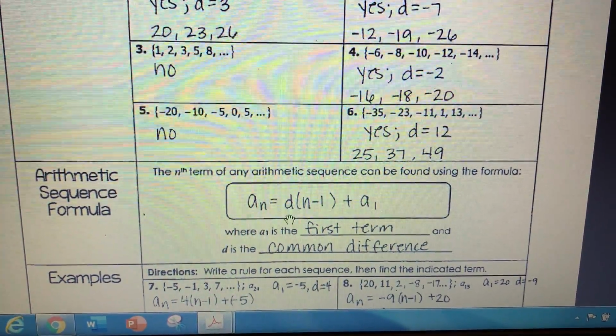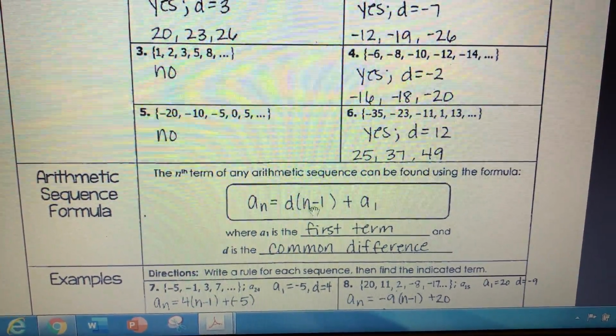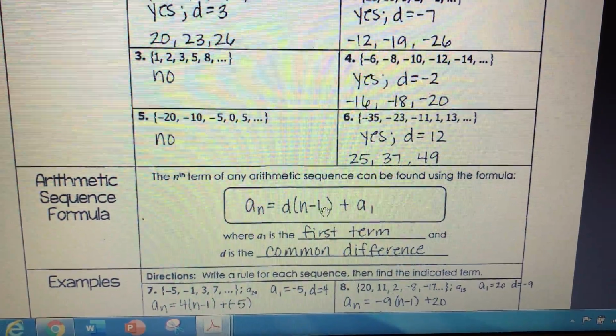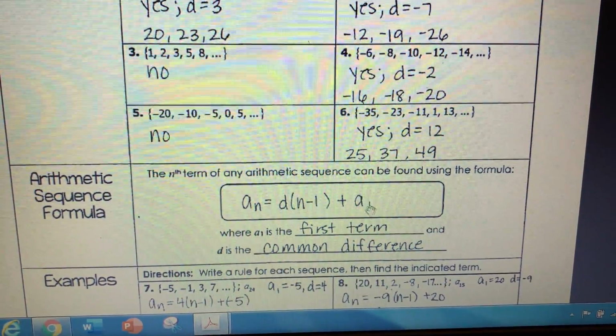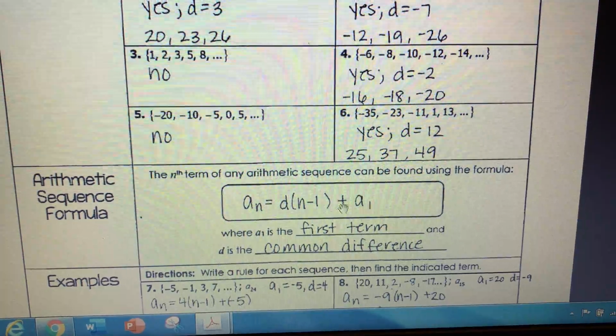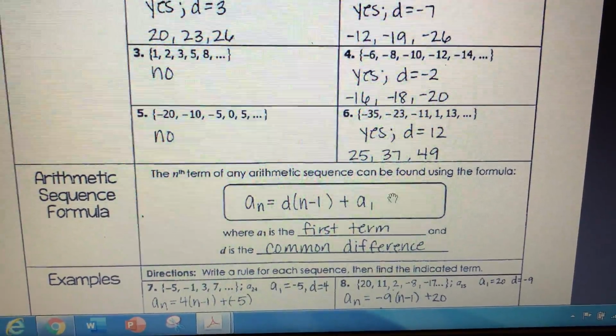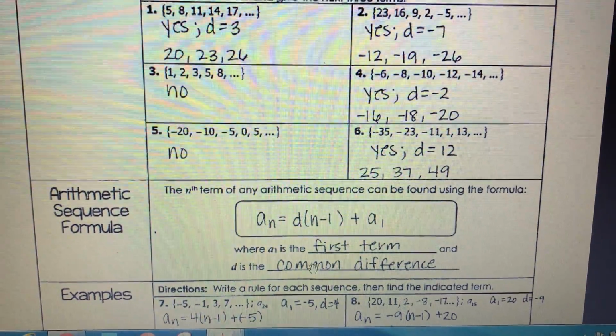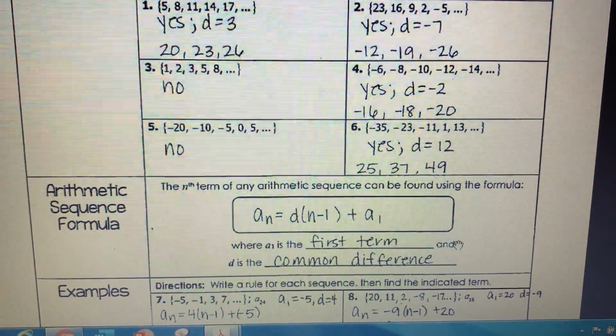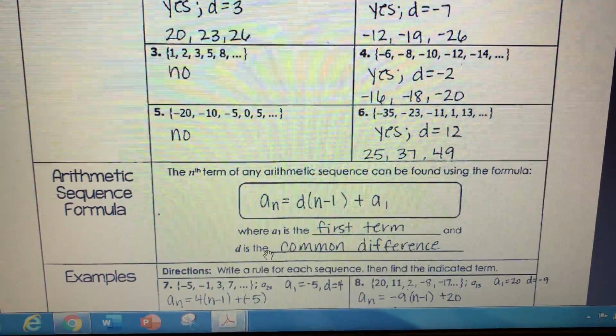We would do 2 for d times 10 minus 1, which is 9. And then we would add that to a sub 1. A sub 1 is the first term. And so this formula will work every time, but only for this type of sequence. A sub 1 is the first term, and d is the common difference.